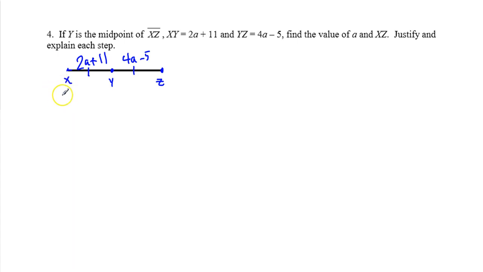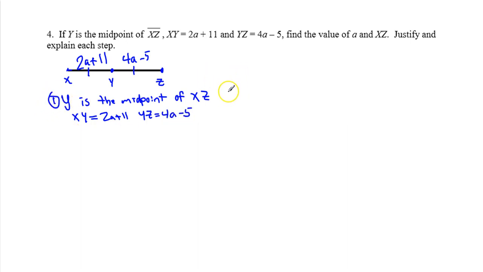Okay, so let's just start off with what we're given. Y is the midpoint of xz. We're also given that xy equals 2a plus 11 and yz equals 4a minus 5.